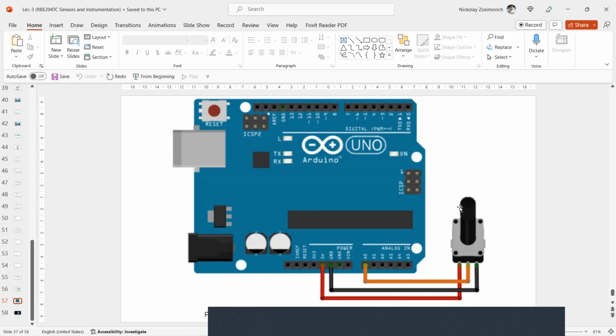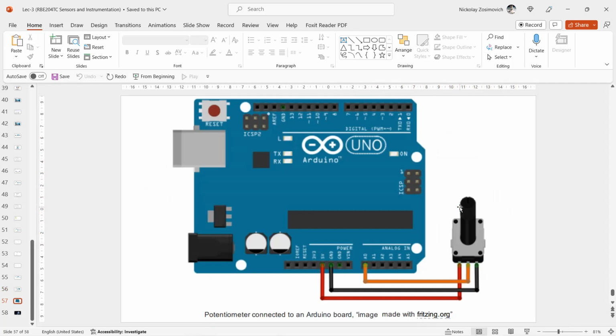Interfacing a potentiometer in embedded systems can be performed without external components. This is illustrated in this slide. Here we have a potentiometer which is directly interfaced to an Arduino board. In this case, the microcontroller's supply voltage is used as source for the sensor.